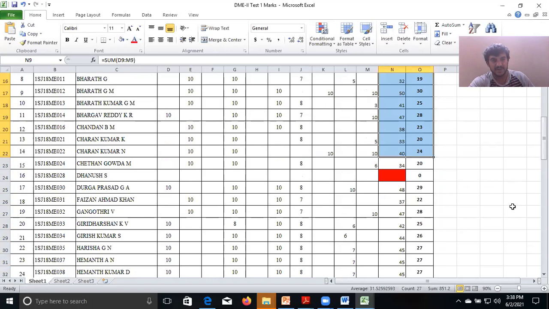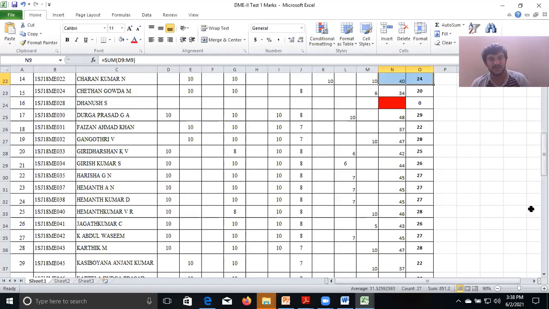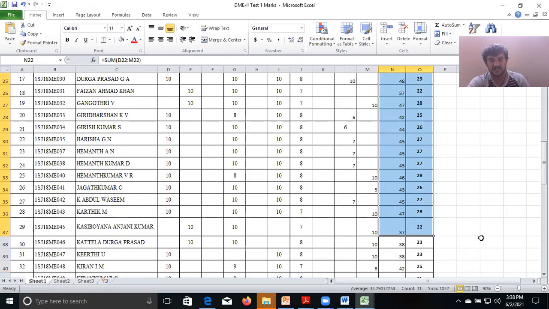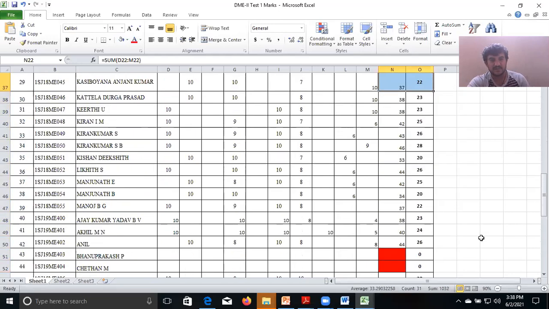Now see from 18 batch 22 to 18 batch 45. Is Dhanush absent? Is there any doubt regarding 18 batch 22 to 18 batch 45 for your internal marks? Shall I scroll? Okay. Now from 18 batch 45 to 19 batch 404.